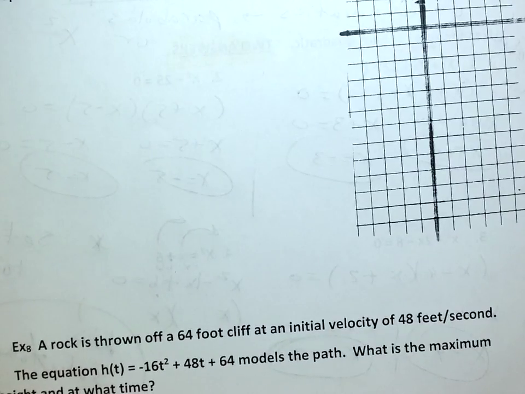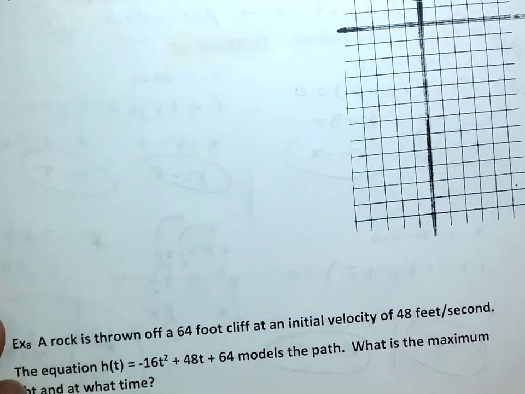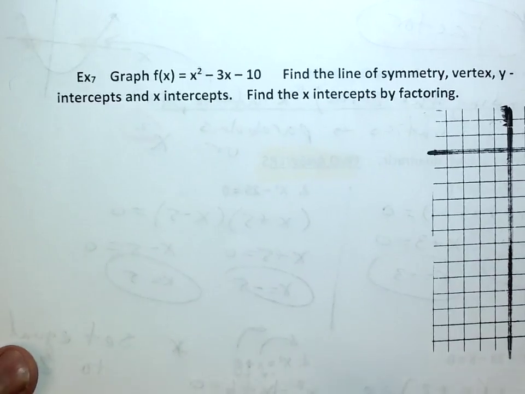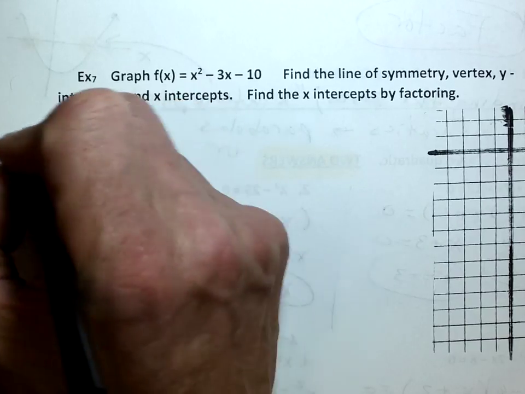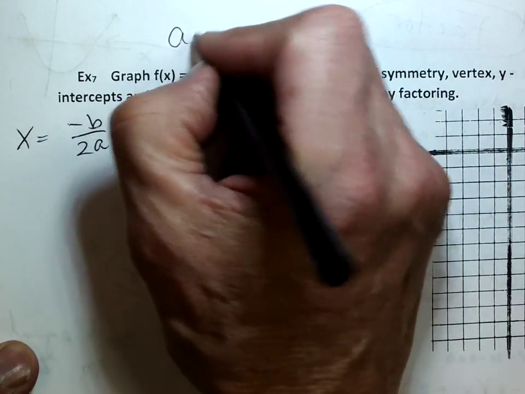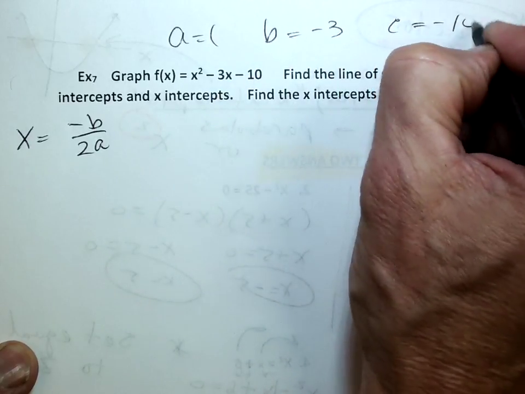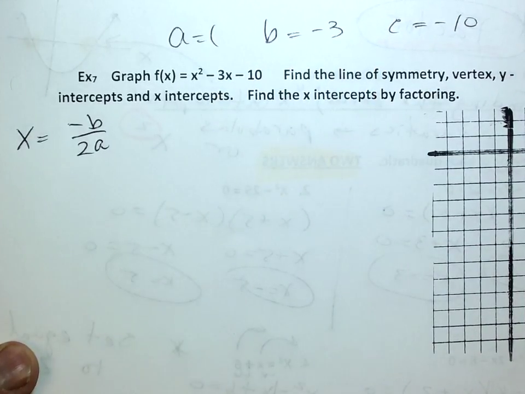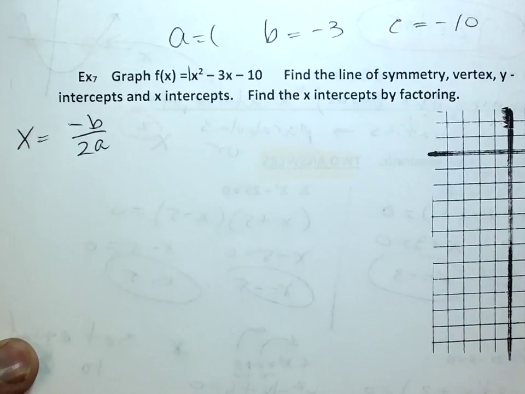All right, example 7. Old stuff. Let's see if we can do it, okay? So, line of symmetry. How do we do it? -b over 2a. Yes. A is 1, B is -3, and C is -10, right? And I keep going through this one because it's the one we're still not very good at, right? It's a 1x squared. Great question.